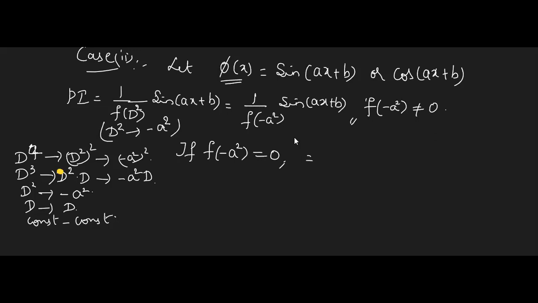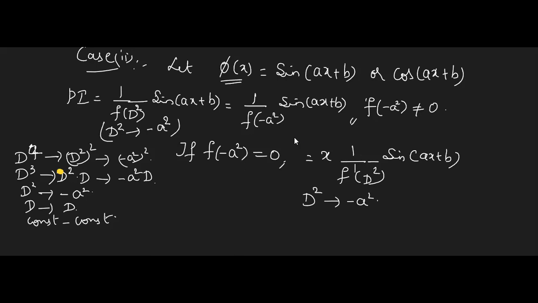What we did in exponential, a similar concept we have to apply here. Now tell. Multiplying numerator by x and differentiating denominator. Very good. Differentiate the denominator. Then sine of ax plus b. Again, after getting this, the same thing you have to do: again replace d square by minus a square only. Again, two things. It may be 0, it may not be 0.